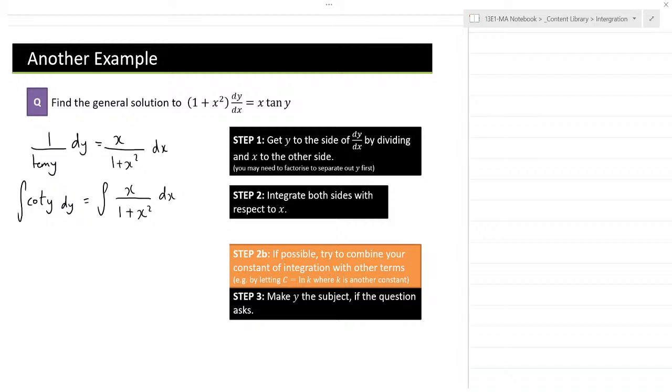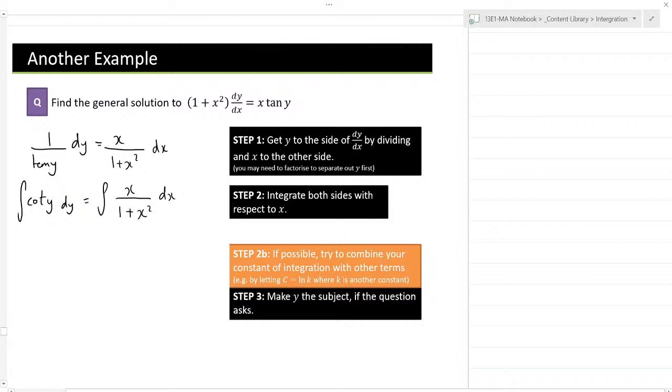So we also need to know what the integral of cot is. We're going to need to use our formula booklet for this one. What is the integral of cot? Well, if I look in your formula booklet, the integral of cot is ln sine y.